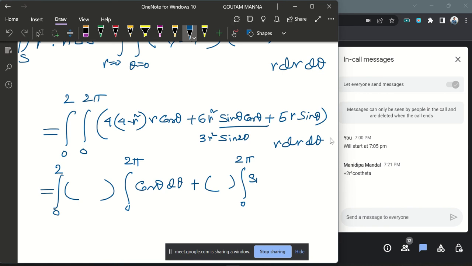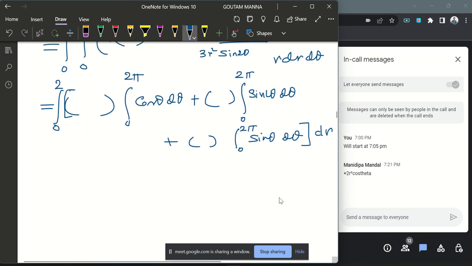So it is some function of r times the integral of sin 2 theta d theta, plus again some function of r times the integral from 0 to 2 pi of sin theta d theta, and the whole thing times dr.